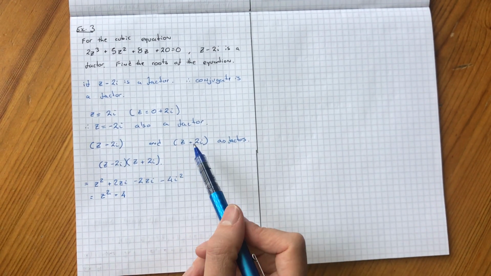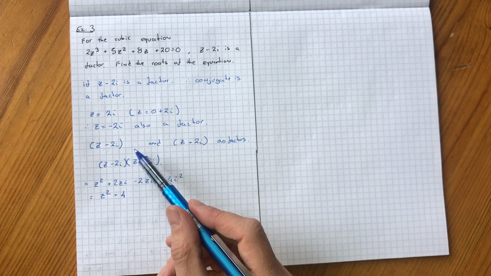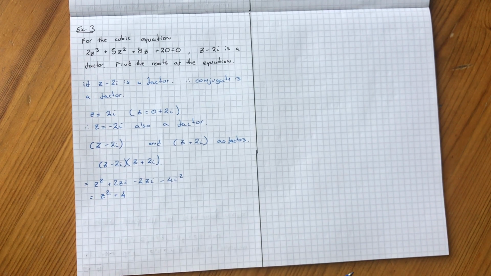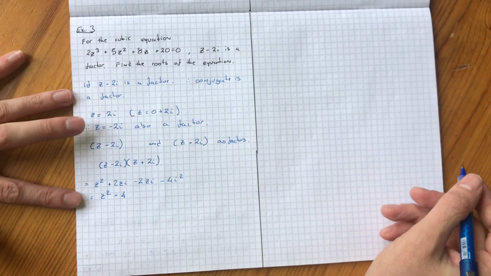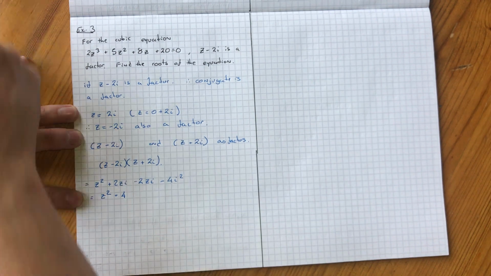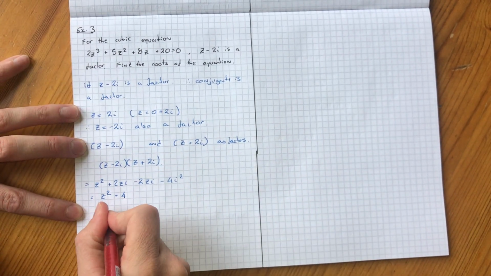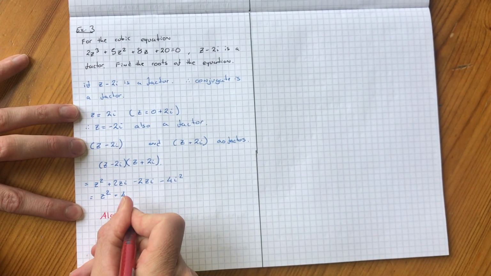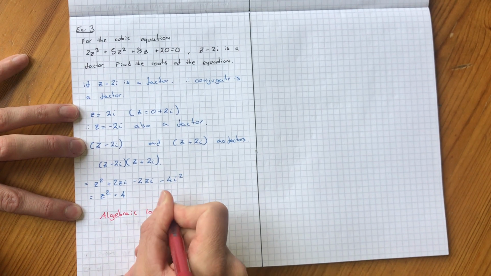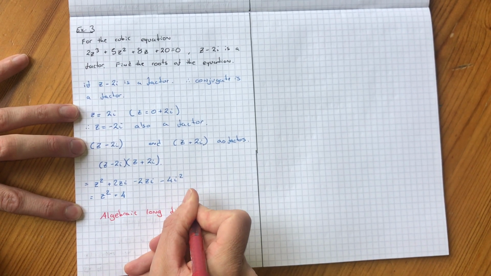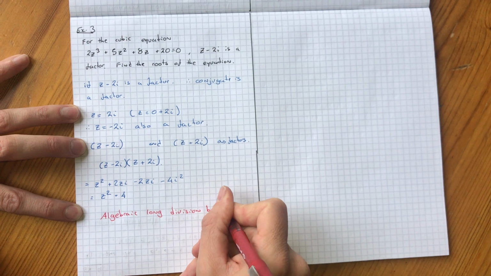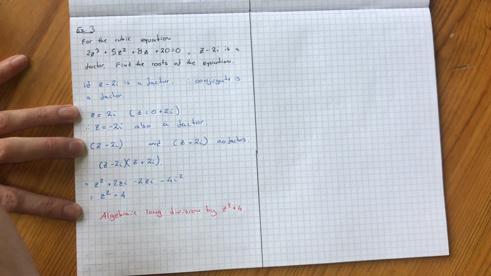Because z minus 2i and z plus 2i are factors, when I multiply them, z squared plus 4 is also going to be a factor. Okay, so what I now need to do is algebraic long division by z squared plus 4.